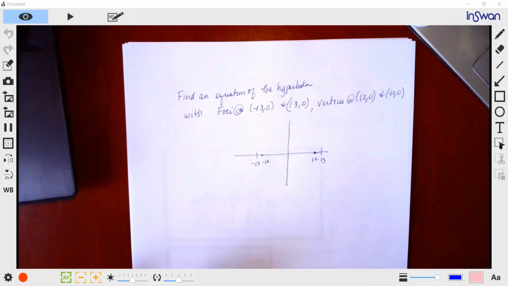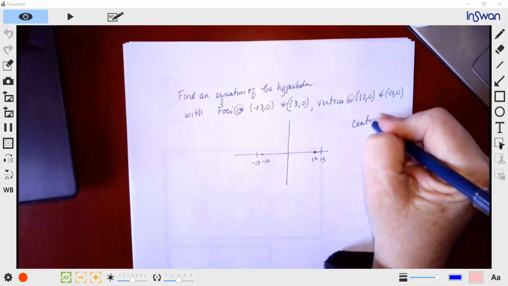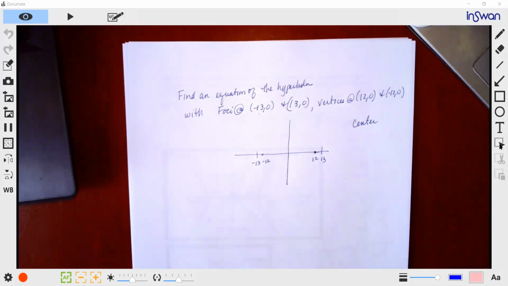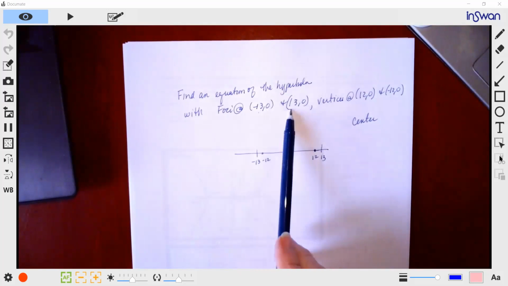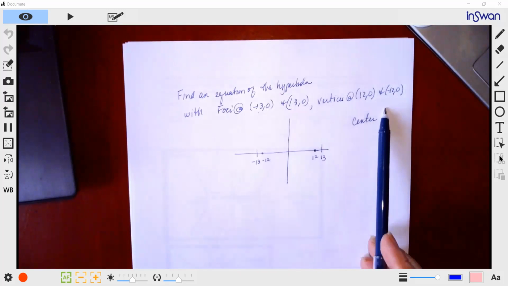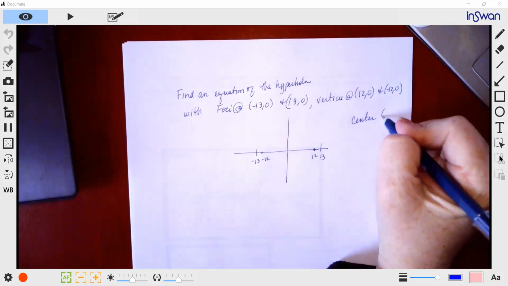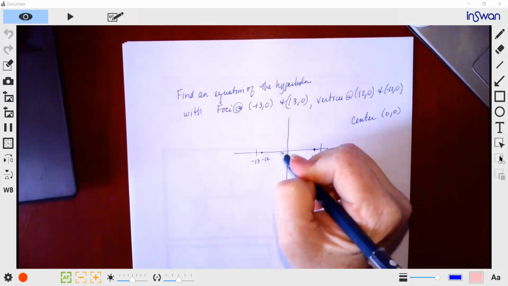So what has to be the center of this hyperbola? What's smack dab in the middle of those 4 points? 0, 0. The center's always going to be halfway between your foci and halfway between your vertices. In this case, the center is 0, 0.